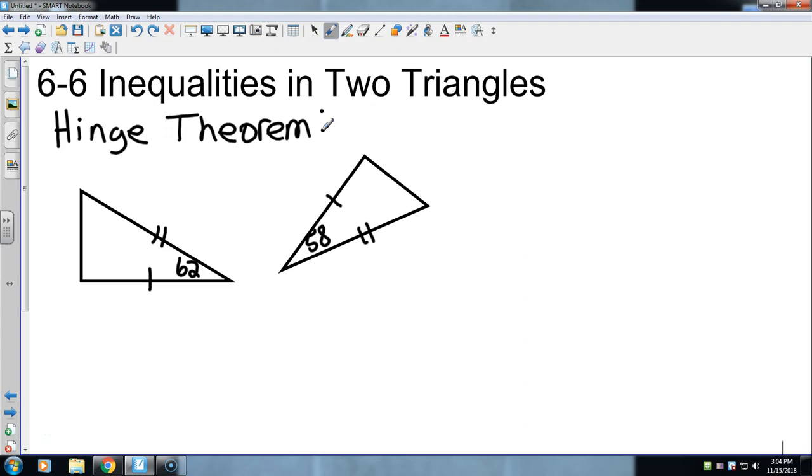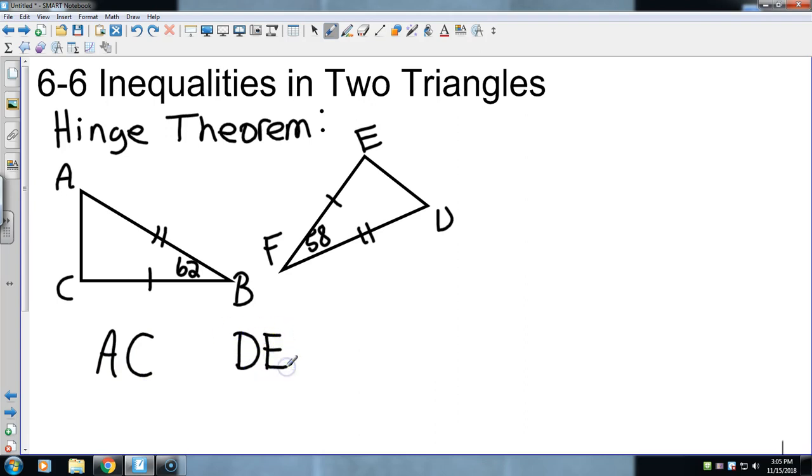However, if I were to label this, and I should have labeled this ahead of time, this is ABC, and this is DEF, then there is a relationship of side AC to side DE.